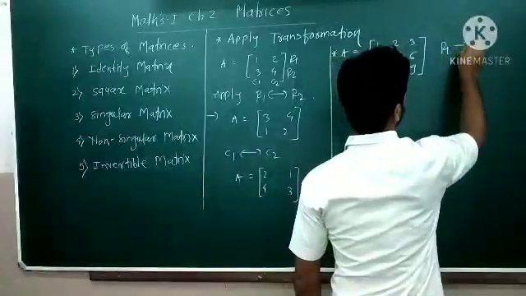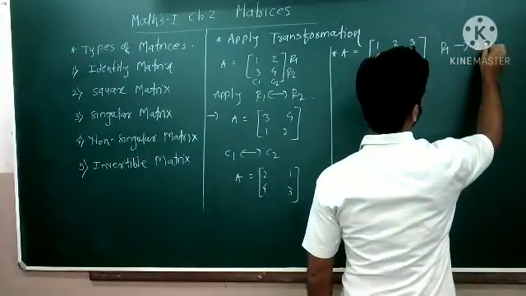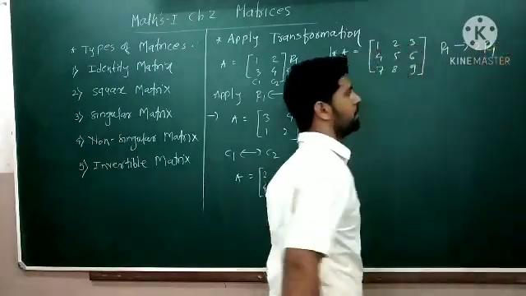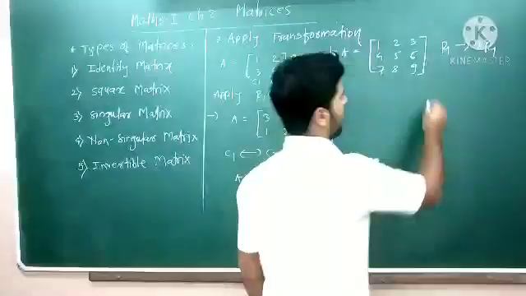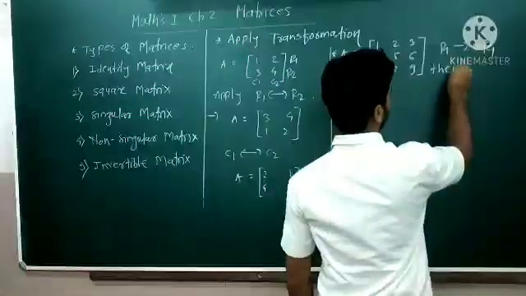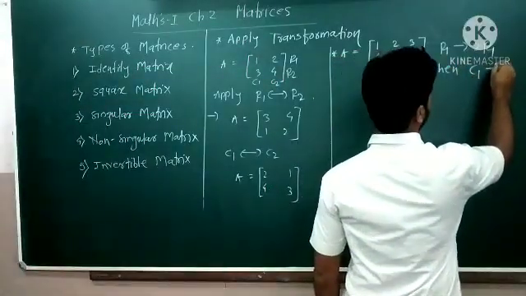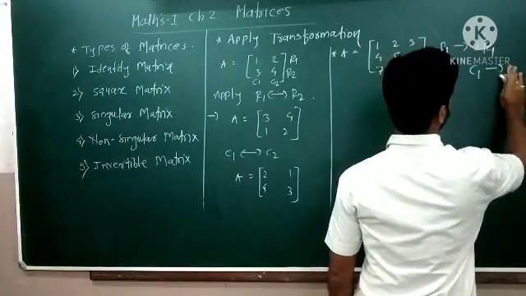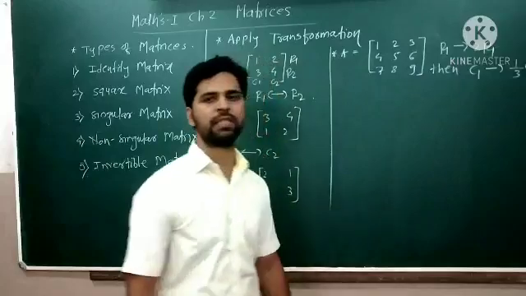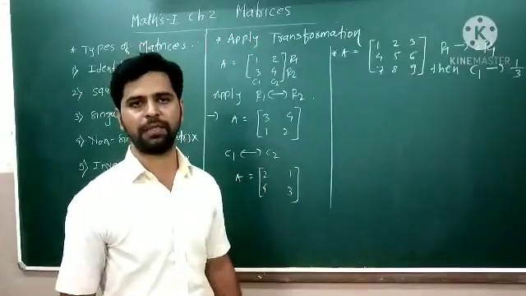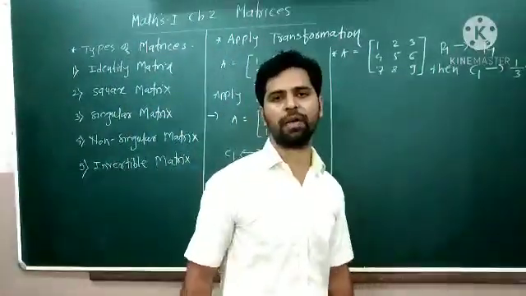R1 changing with 2 times R1. Meaning R1 you have to multiply by 2. And then you have to apply C1 tends to 1 by 3 times C1. Means C1 you have to multiply by 1 by 3, or simply C1 you have to divide by 3.